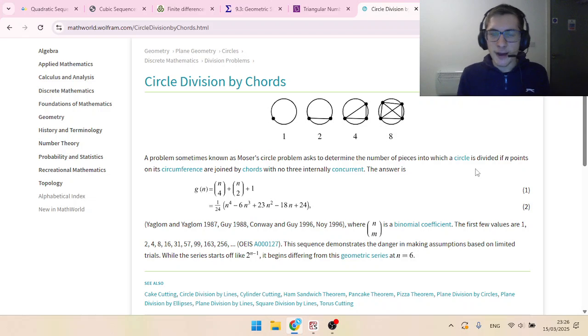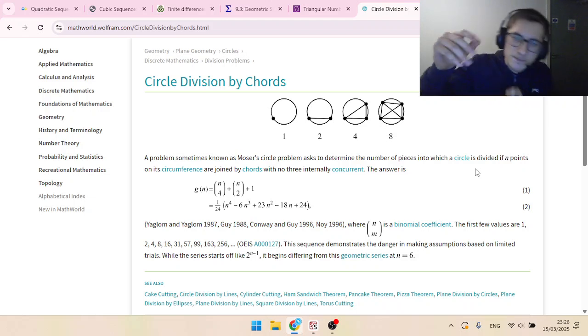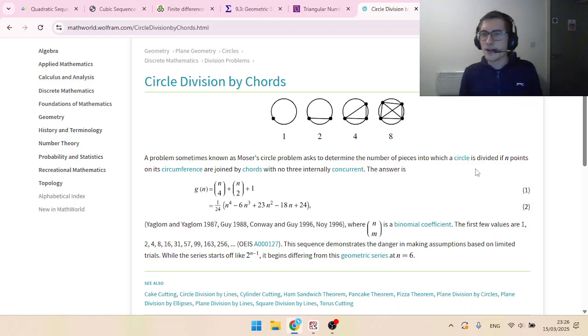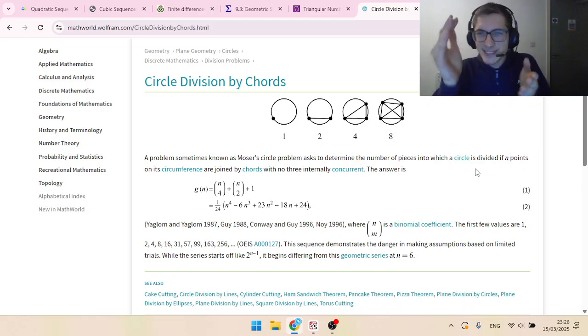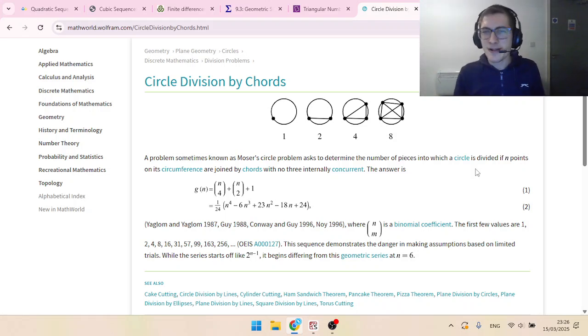Now, if you want to understand why this happens, if you want to check it, honestly, just take a circle, put some points around it, join them all up, and then count the number of sectors of the circle that are left.